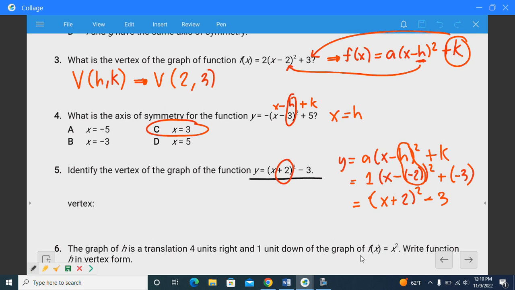Our h there is negative 2. K is 3. Therefore, our vertex is negative 2, 3.